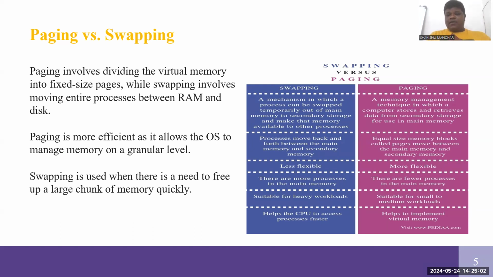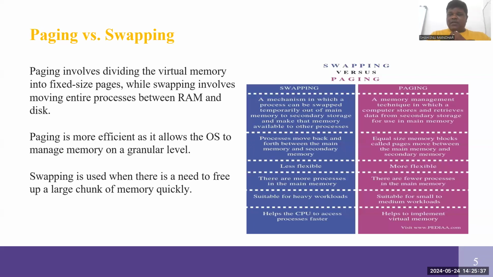Swapping is a mechanism in which a process can be swapped temporarily from main memory to secondary storage. In paging, equal size memory blocks or pages move between the main memory and secondary memory.